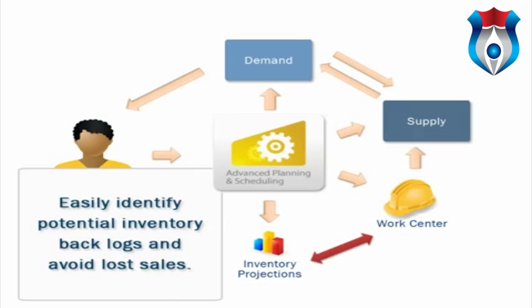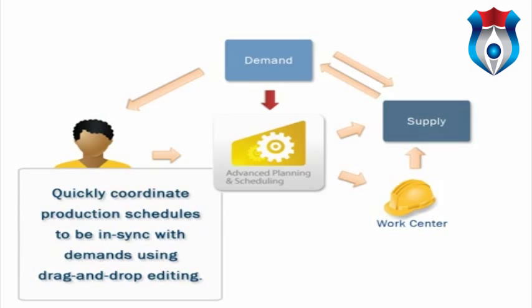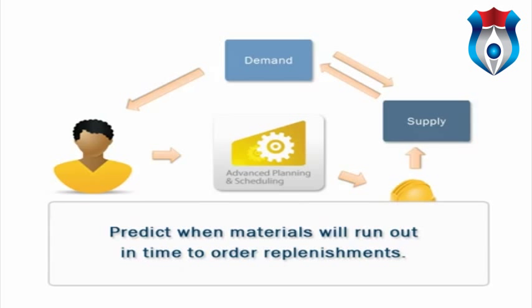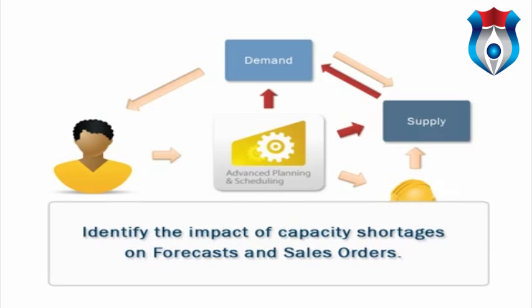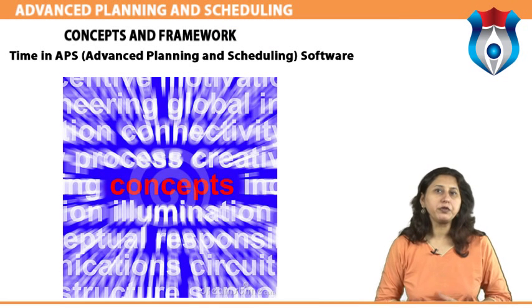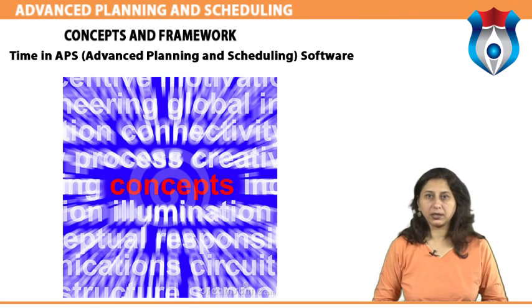Easily identify potential inventory backlogs and avoid lost sales. Quickly coordinate production schedules to be in sync with demands using drag and drop editing. Predict when materials will run out in time to order replenishments and identify the impact of capacity shortages on forecasts and sales orders.